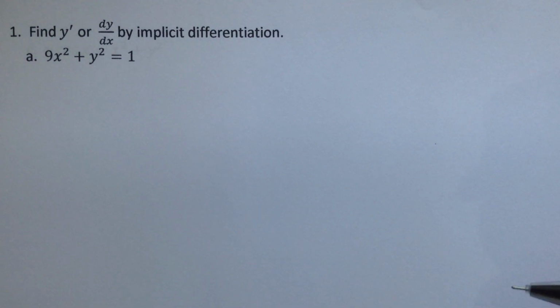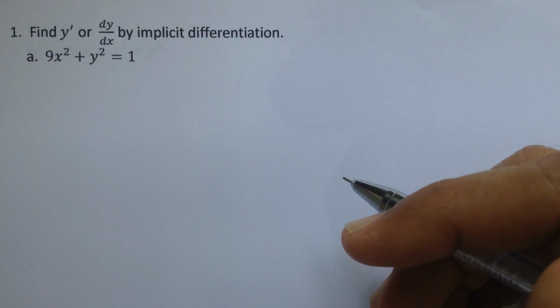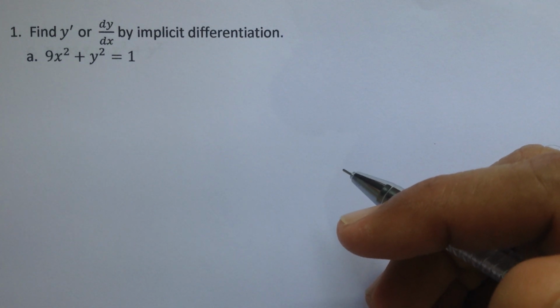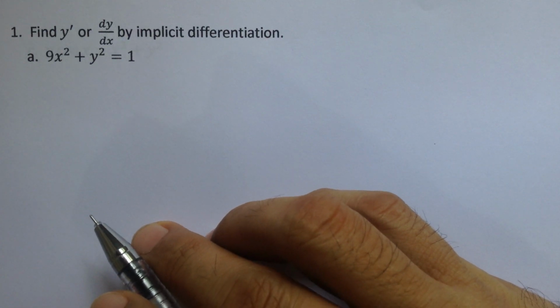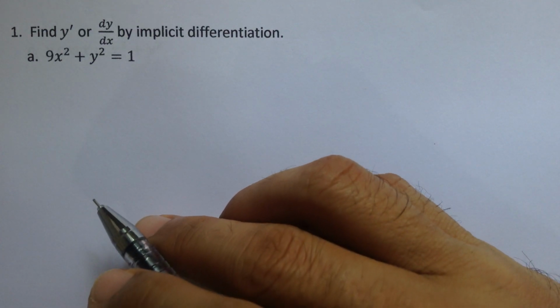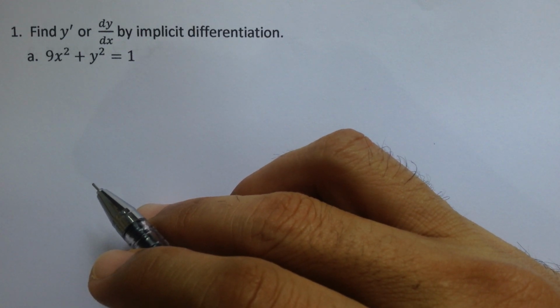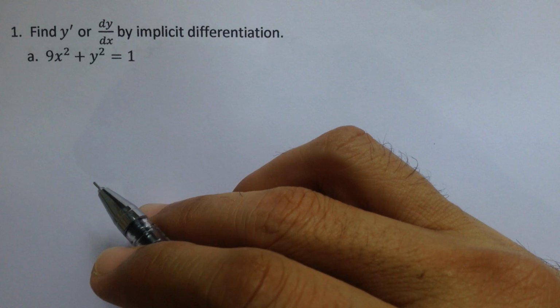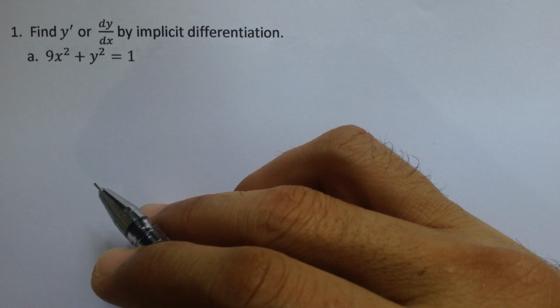Okay, in this video, I'm going to discuss some examples that illustrate implicit differentiation. Again, if you watched the first video I uploaded in iStudy, it was emphasized there the difference between explicit function and implicit function, or expressions which are called implicit and explicit.